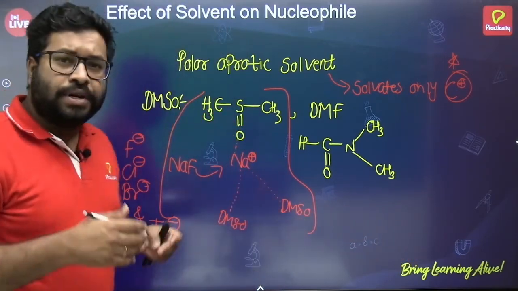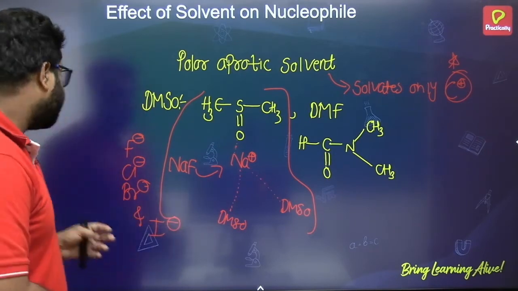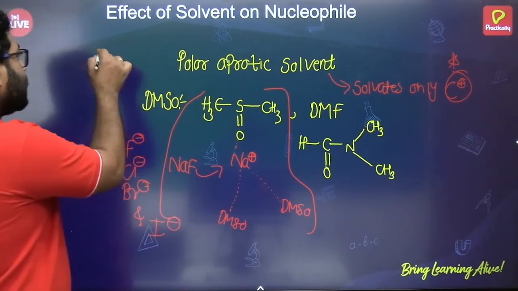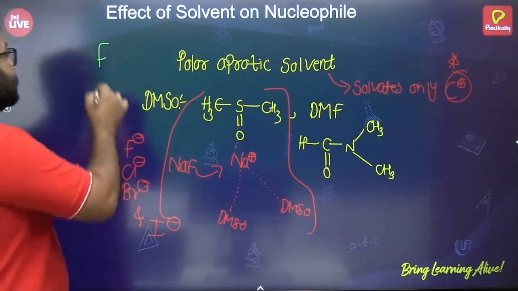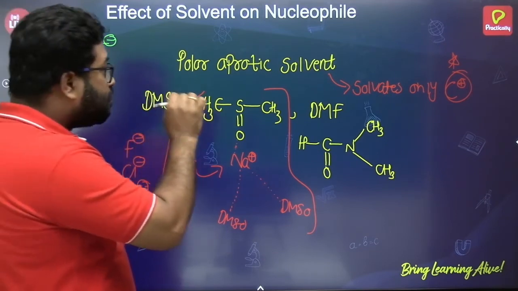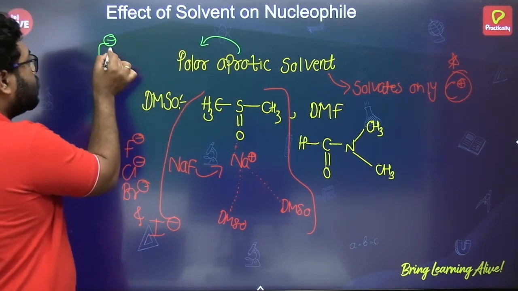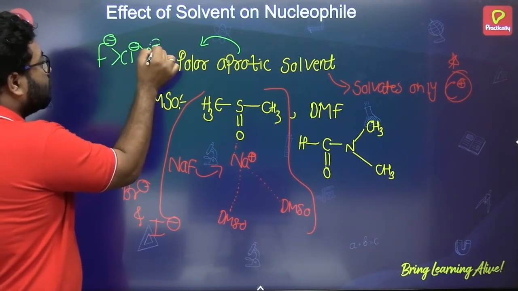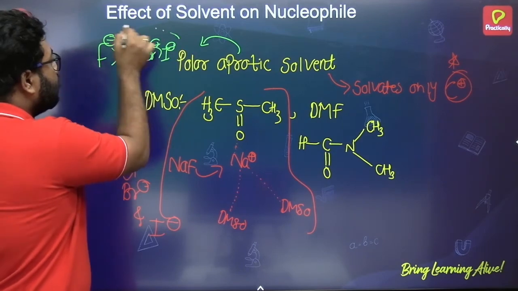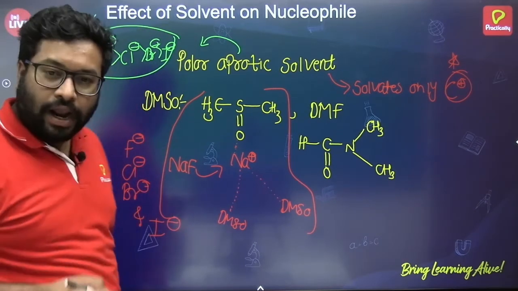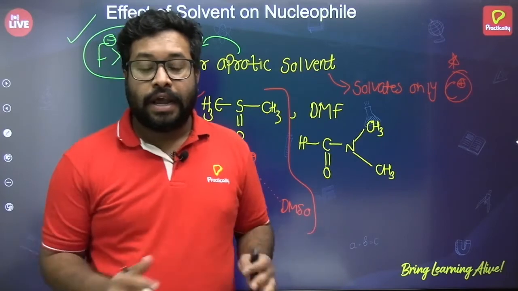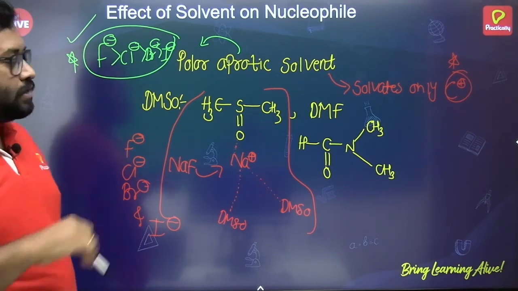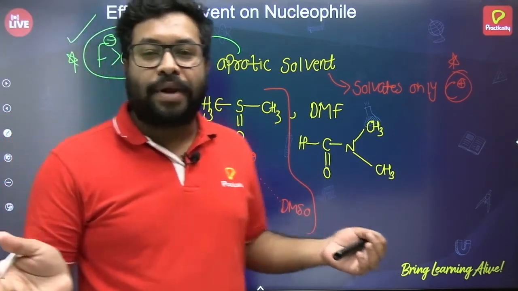Between F minus, Cl minus, Br minus, which has the highest intensity? F minus. Therefore, in a polar aprotic solvent, the order would be F minus, Cl minus, Br minus and I minus. You don't need to remember this, there is a reason for it. I hope this is pretty clear to you.